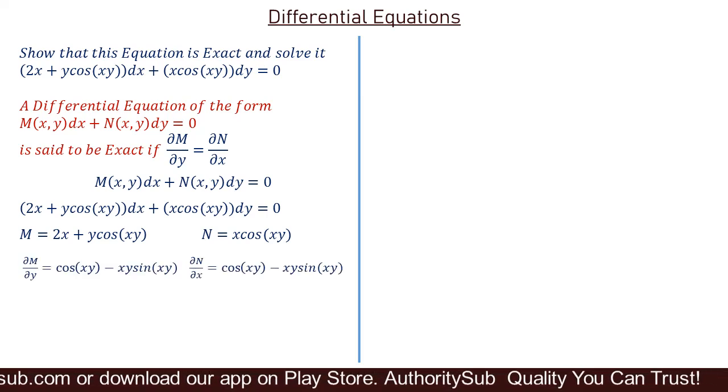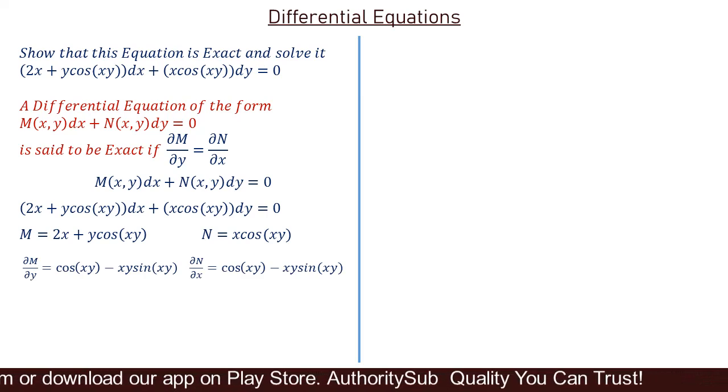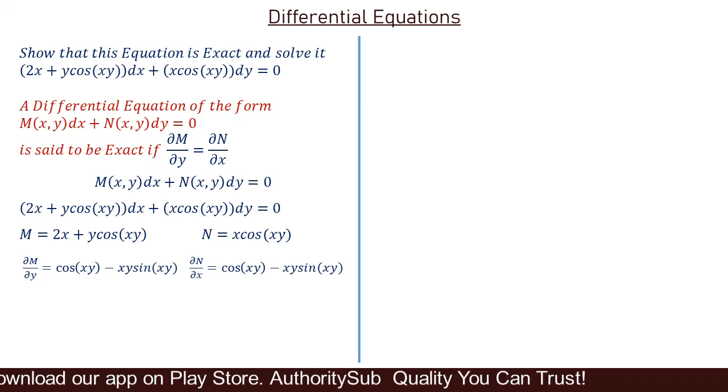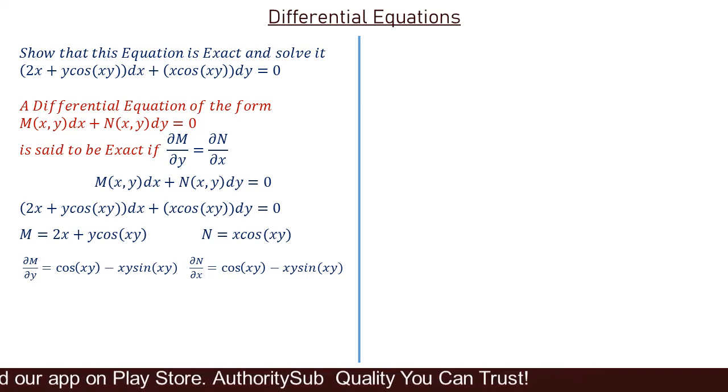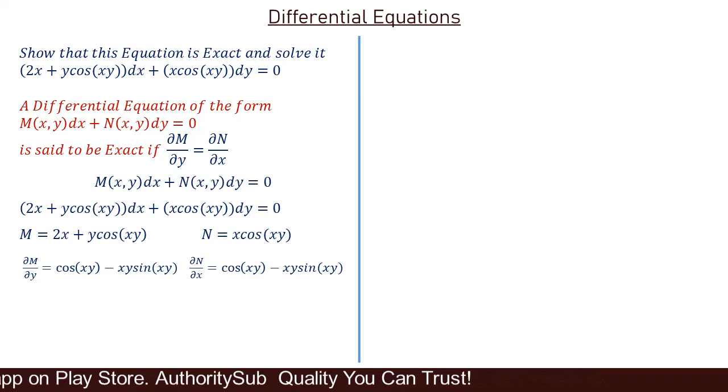Then we have plus differentiate cos xy partially with respect to y, is going to give you minus x sine xy, then multiply by y. So here we're going to have minus xy sine xy. Are we together? Yes. Now let's go to the other side, which is N.